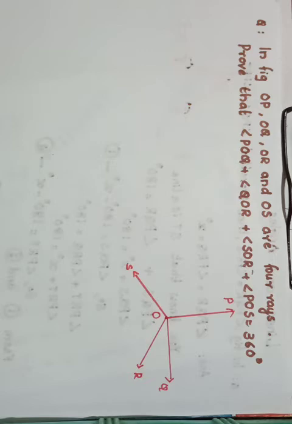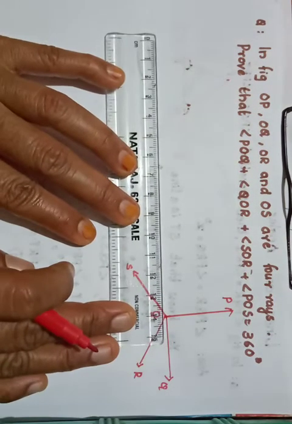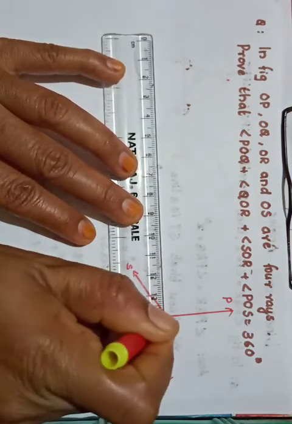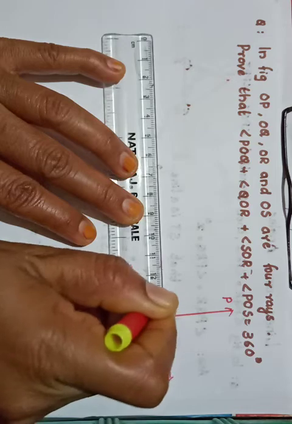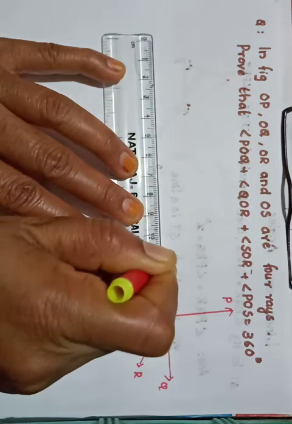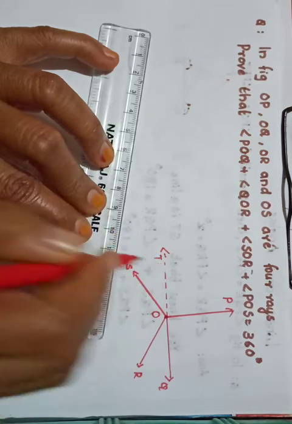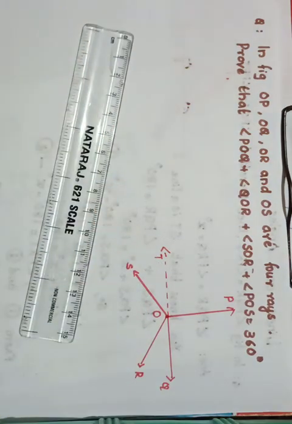Any ray if you extend, you will get a line. So the line OQ, we are extending backward and marking this point as T.